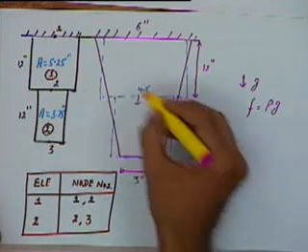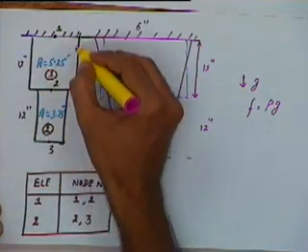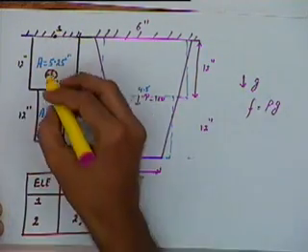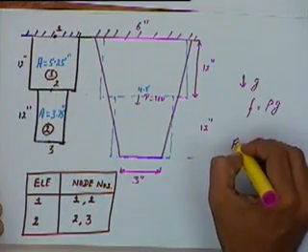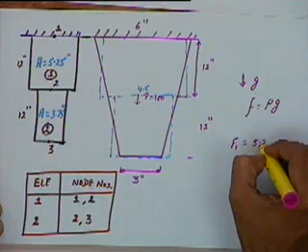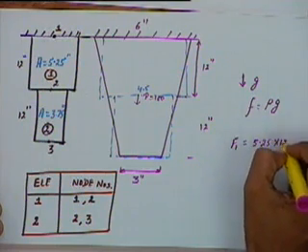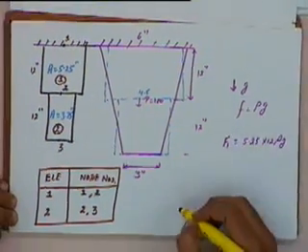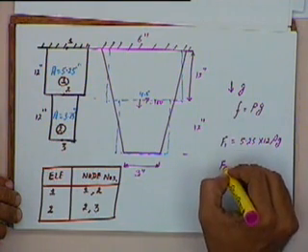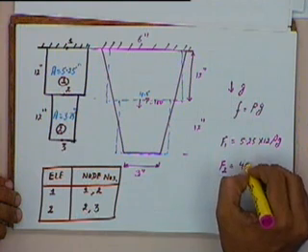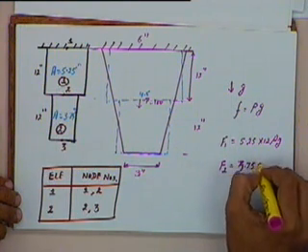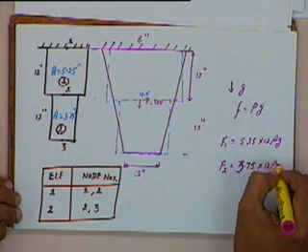The total force acting on the first element, F1, will be equal to its volume, 5.25 into 12 rho g. The total force acting on the second will be 3.75 into 12 rho g.